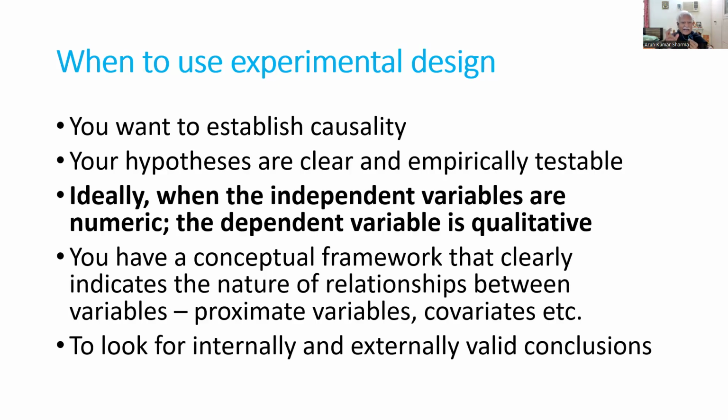Read literature, identify your dependent and independent variables clearly, and develop the conceptual framework which shows the nature of relationship between your variables, which identifies proximate variables or intermediate variables or mediating variables, and also moderating variables and covariates.